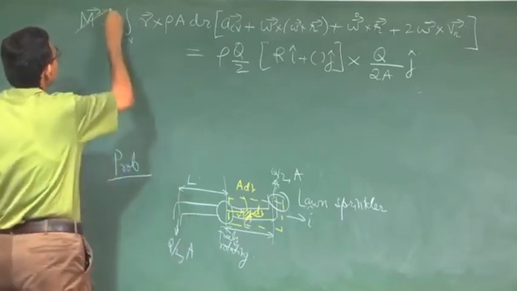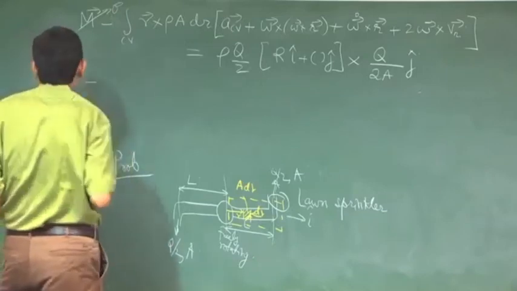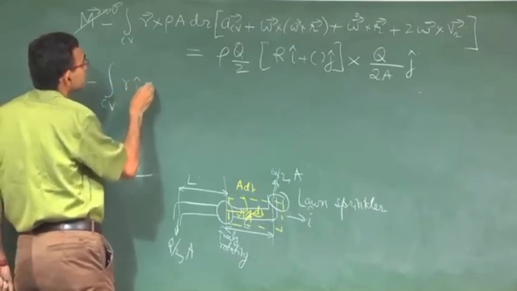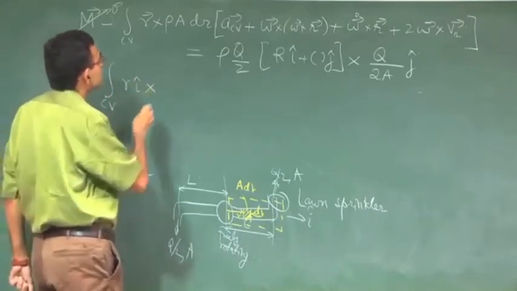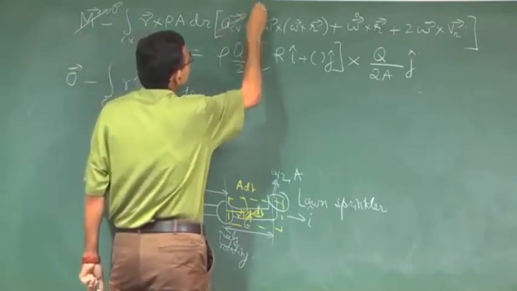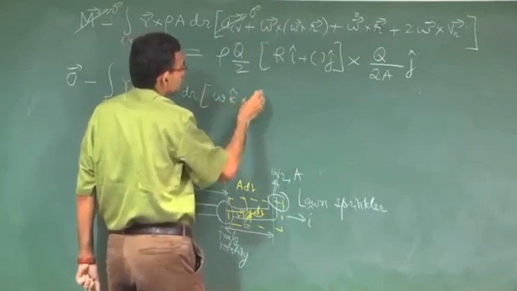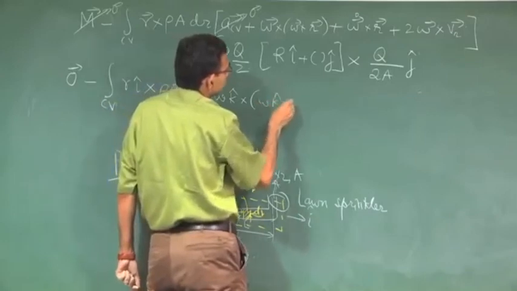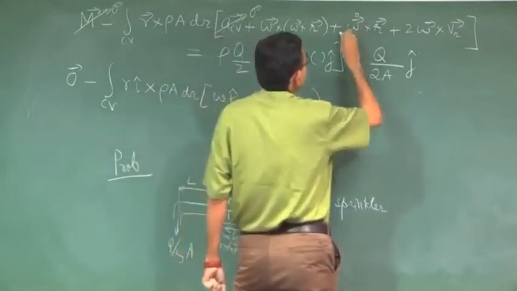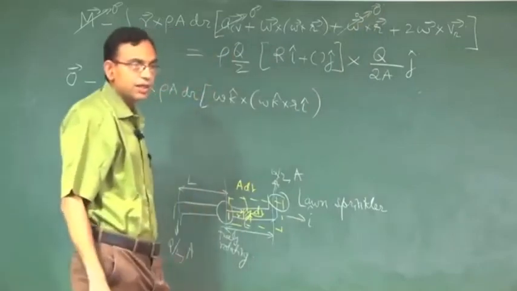So this is a null vector, so null vector minus, this is a null vector. This term is null, but if it is having acceleration then this term has to be kept.